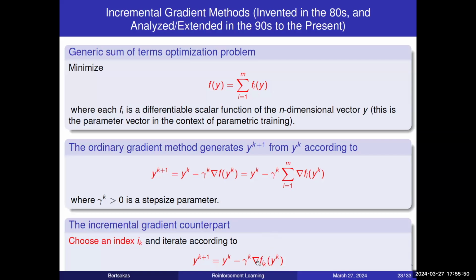This essentially means that instead of summing over all components, we just choose one index, compute that component function's gradient, and use it in place of this one. This seems to be a remarkable saving of computation, given that m can be huge. But one might ask, why does this work?